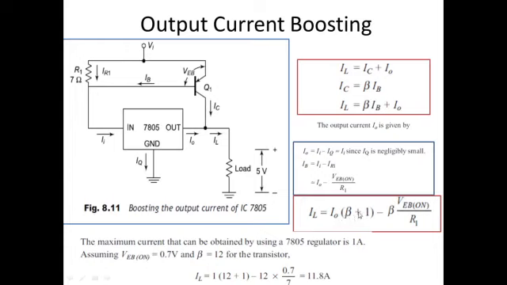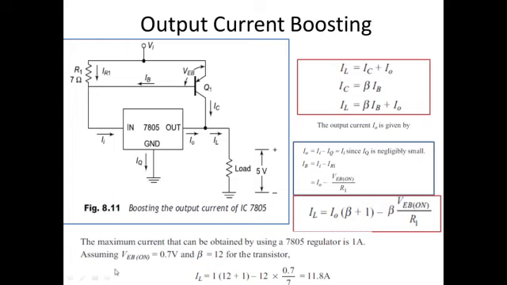Also try to understand that in the case of a 7805 IC, the maximum current that could be delivered according to the data sheet is only about 1 ampere. So above that, if I need a higher current, I have to go for this output current boosting circuit. Then I can deliver a higher current to the load.